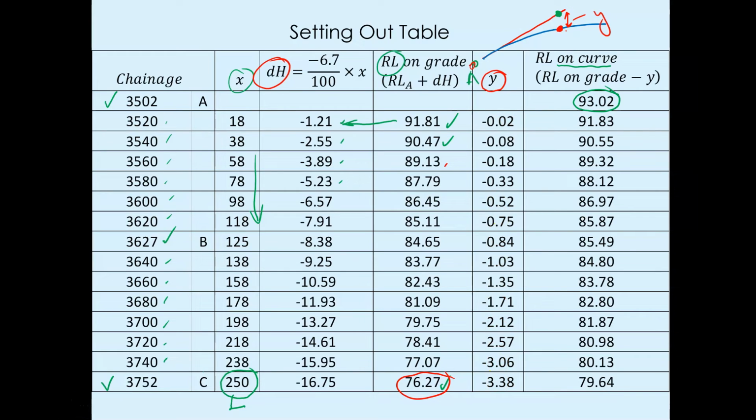Continue. We were talking about calculating y, and about determining the reduced level on the curve, from the reduced level on the grid, which is given by the red dot there. So that reduced level would be the reduced level on the grid minus y.